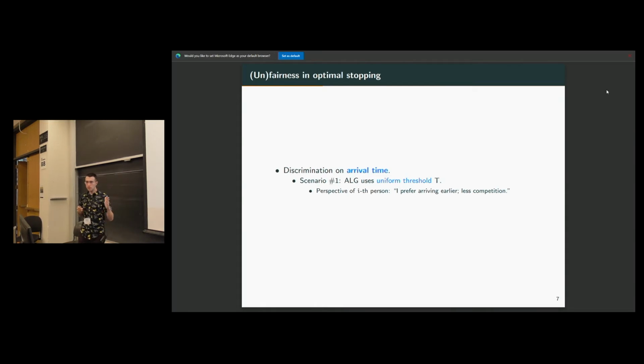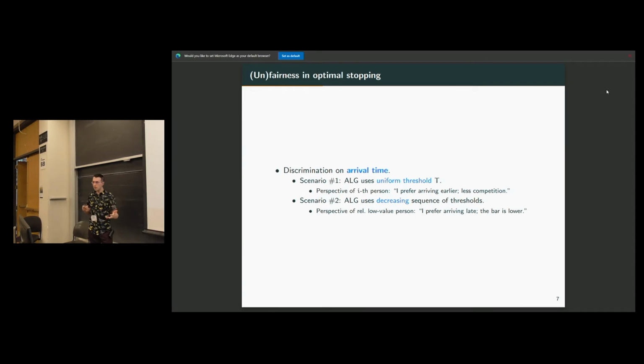So how does the unfairness that I described before appear here in prophet inequalities? So one is discrimination on arrival time. So think of the NSF example, the funding example. In the context of prophet inequalities, if you're using a uniform threshold algorithm, then a person who arrives earlier has a higher chance of being the one accepted because they face less competition.